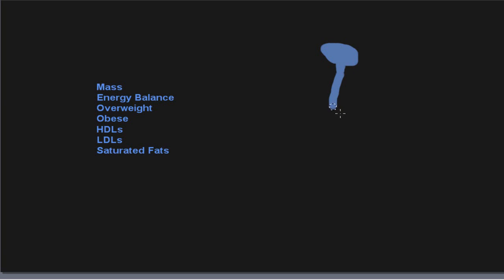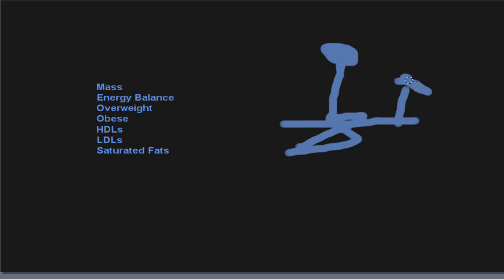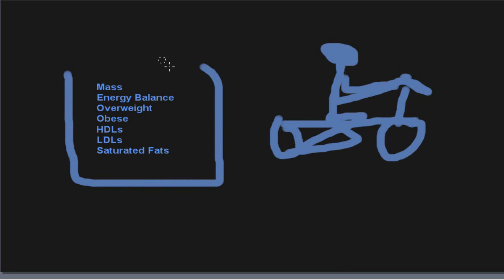I'm awful at these. How about that for a bike? Okay, this is terrible, but anyway, just ignore that. That's a terrible bike. But anyway, that's it. If you want to know about the keywords, they are around here.